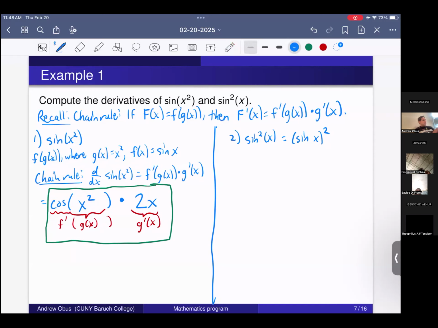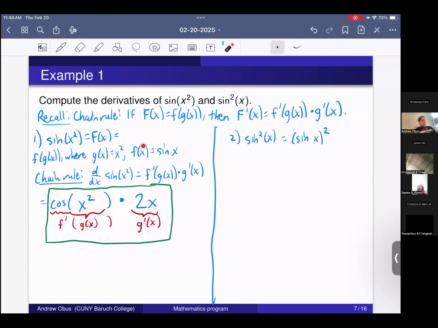Okay, so maybe just to see this, I should write this. I can call this f of x, which is going to be equal to f of g of x. The key that you have to do here is recognize what is your f and what is your g. What's your outside function and what's your inside function. Here the outside function is sine, that's your f, and the inside function is x squared.